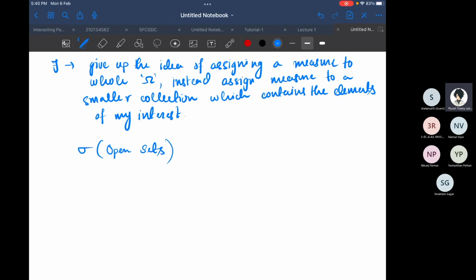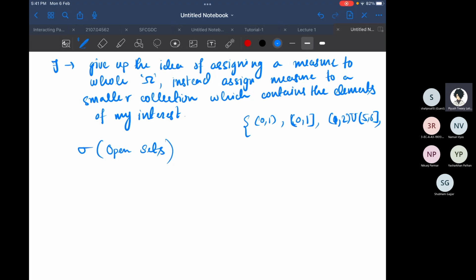Open sets are those which have elements such as (0, 1), which is an open set. Yeah, [0, 1] closed is also an open set. It need not be 0, it can be (1, 2) union, let's say [5, 6] closed, things like this.